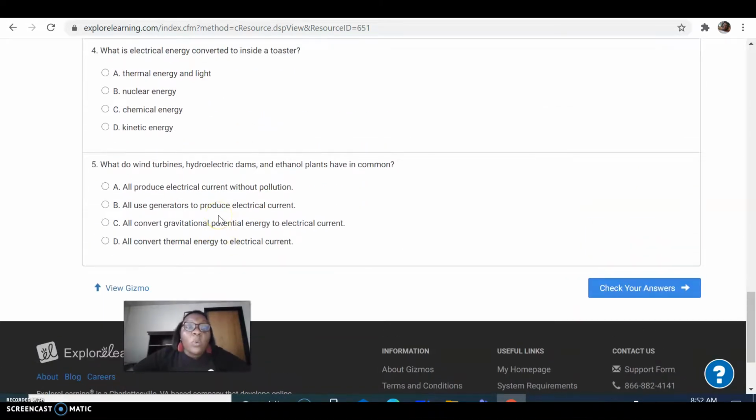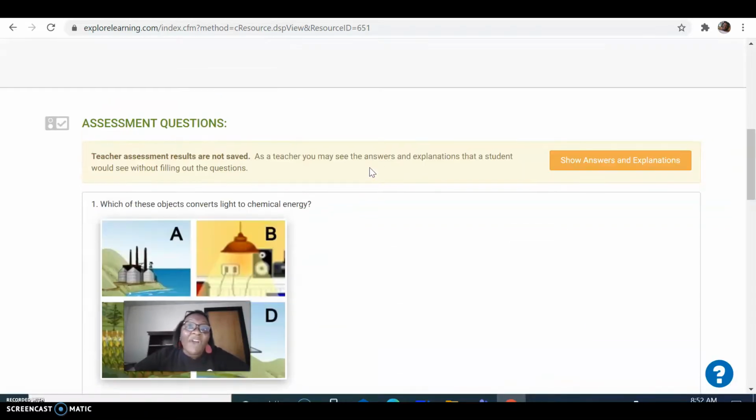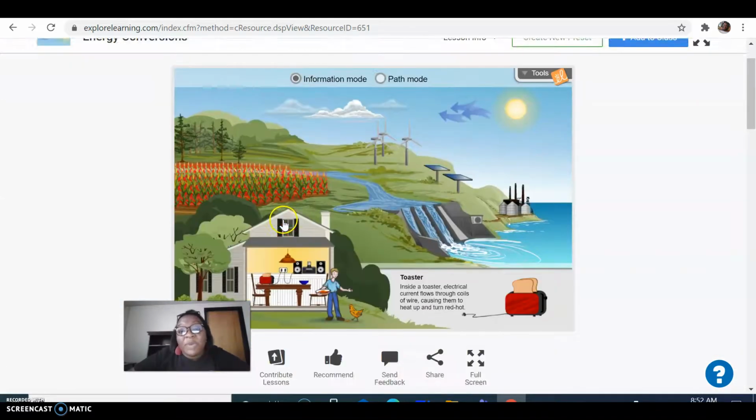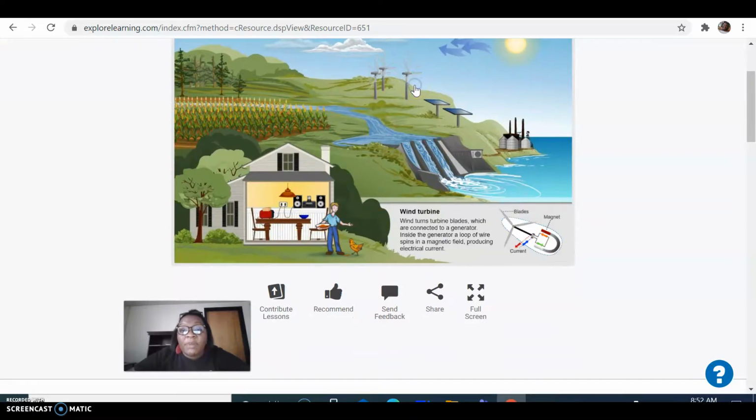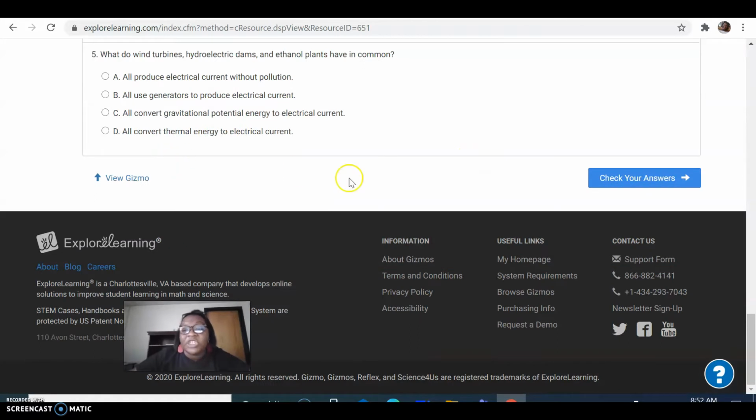Number 5, what do wind turbines, hydroelectric dams, and ethanol plants all have in common? If I were you, I would click on information mode. I would read about the wind turbines. I would read about the dam. And I would read about the ethanol plant to see what they all have in common. Once you've read about all 3 of these, then you'll be able to answer question 5.